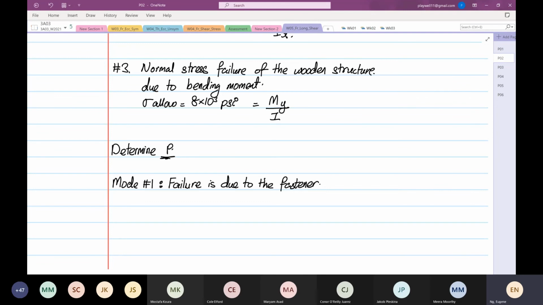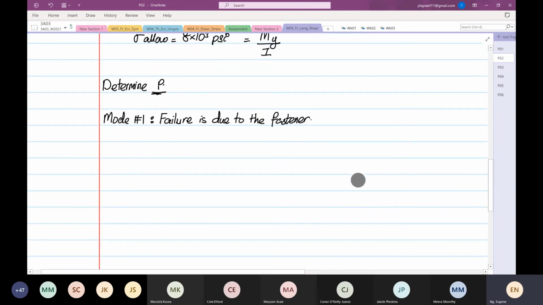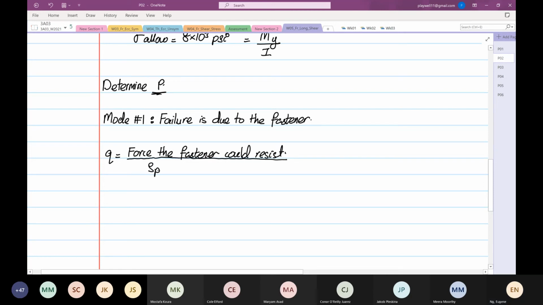Okay, so now let's look at the shear failure due to the fastener. The formula we are going to apply is q is equal to the force the fastener could resist divided by the spacing of the fastener.